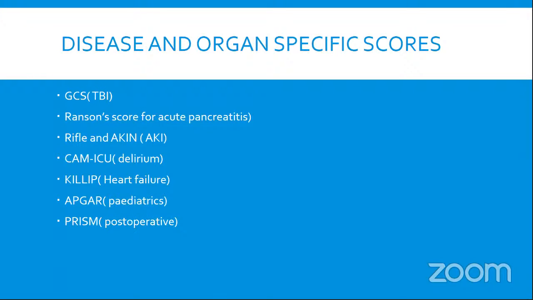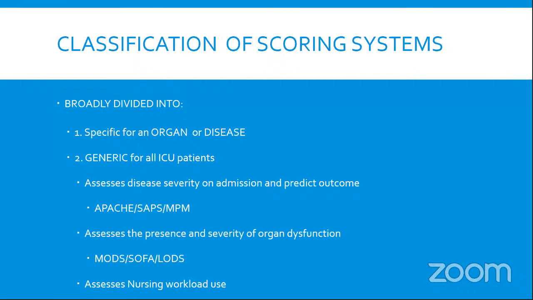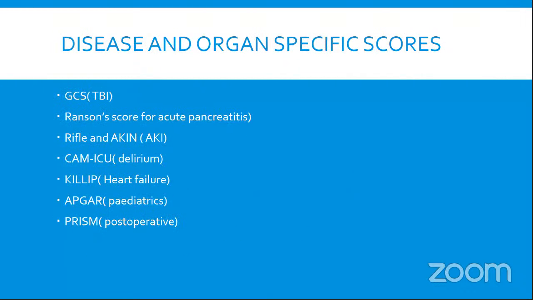Don't forget we'll talk about the nursing workload score later. For the disease and organ-specific ones, we are all aware of the Glasgow Coma Scale for traumatic brain injury, and the Ranson score for acute pancreatitis, the RIFLE and AKIN for AKI, and one used for acute functional state in the ICU.